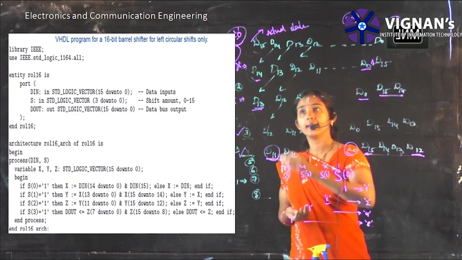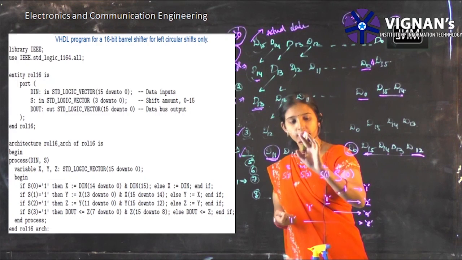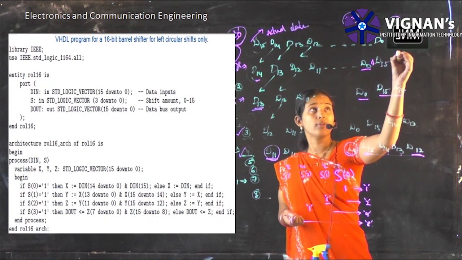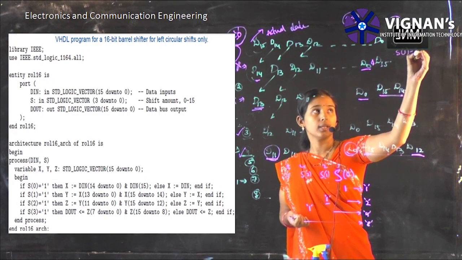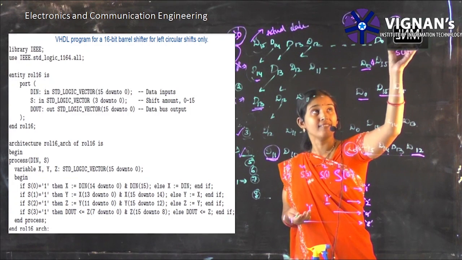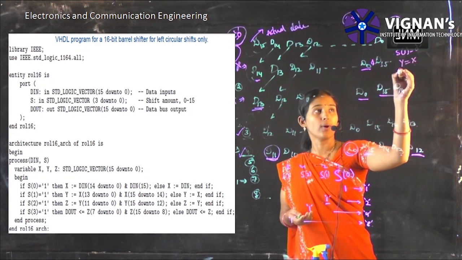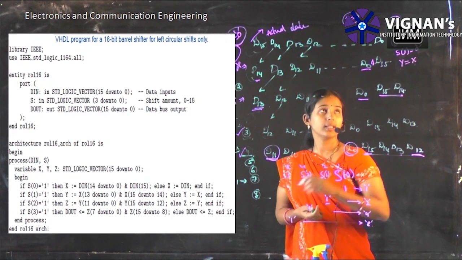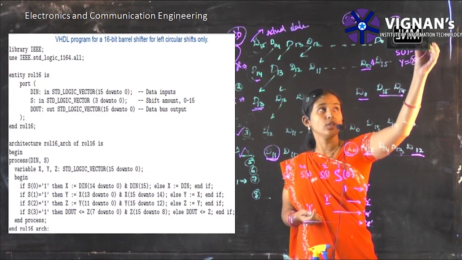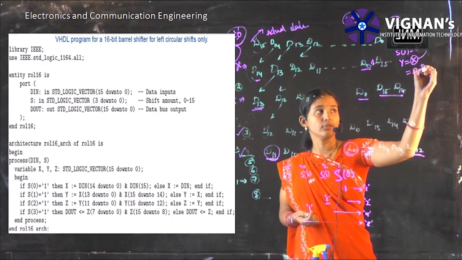Again, if the selection line is equivalent to 1, all this will happen. If selection line S of 1 is equivalent to 0, that means there is no shift in the operation. Whatever data is available at X, you will get at Y. See, Y is equivalent to X. What is there in X? D0 to D15. So Y also has D0 to D15.